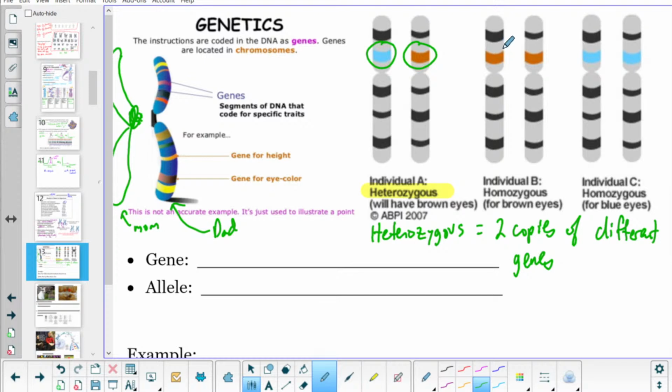If you have two copies of the same gene, you are known as homozygous, or that particular pairing. It's not you in particular. There's nobody who would be homozygous for everything. That would actually be very bad.